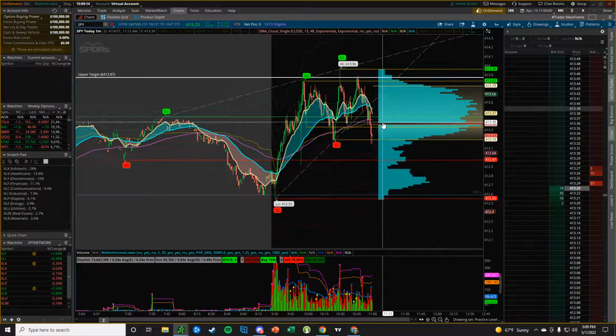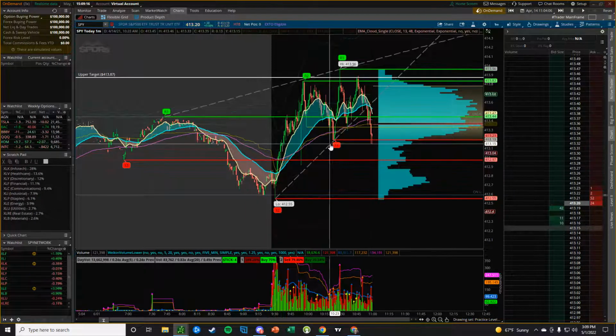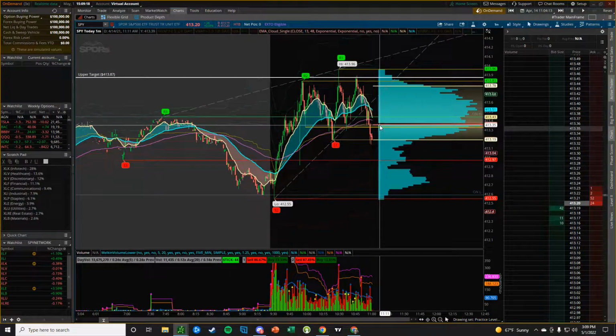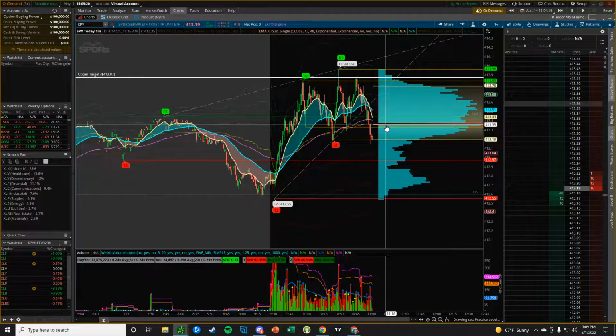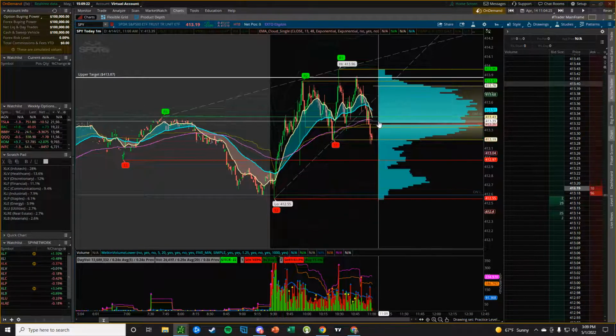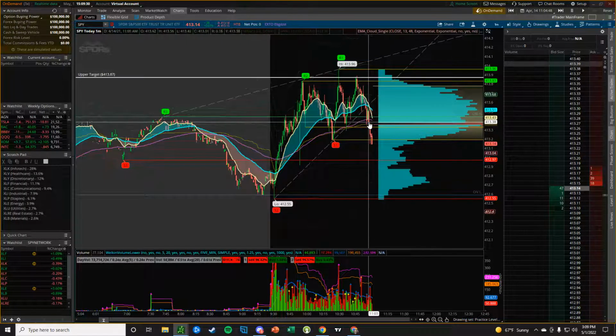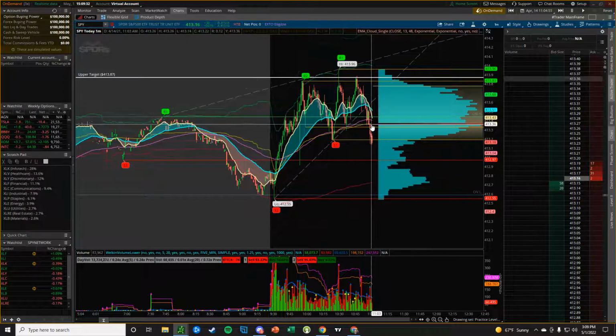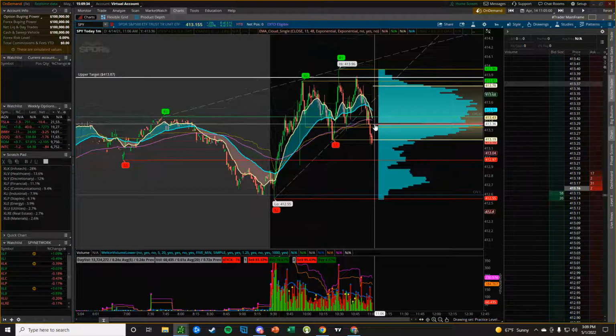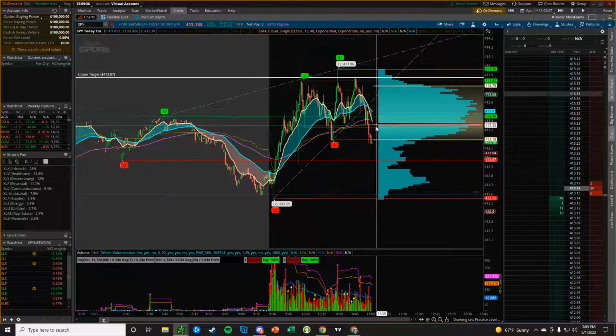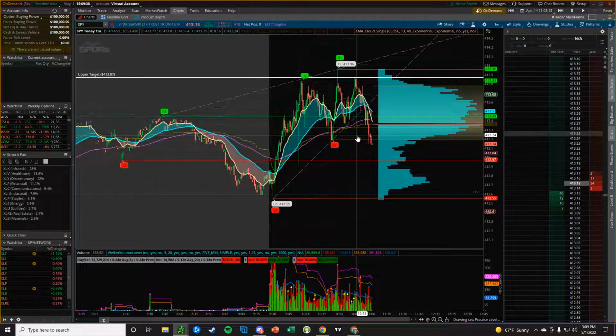Unless, of course, price action gets too rejected. Yeah, it looks like they're encountering a little bit more resistance than they probably anticipated.